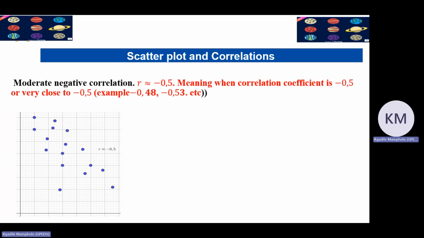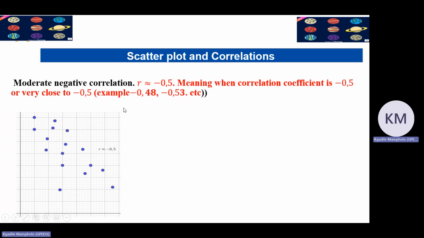So still you can say that as the variable on the horizontal axis increases, the variable on the vertical axis decreases. In this case, they are not close to each other, but you can see that there is a decreasing trend.